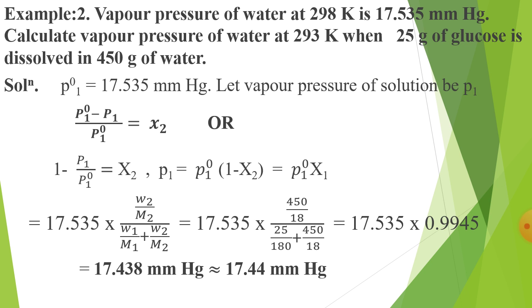Now putting in the values, P01 is given, and x1 is basically the mole fraction of the solvent here. So W1 divided by M1, divided by the total number of moles, that is W1 by M1 plus W2 by M2.